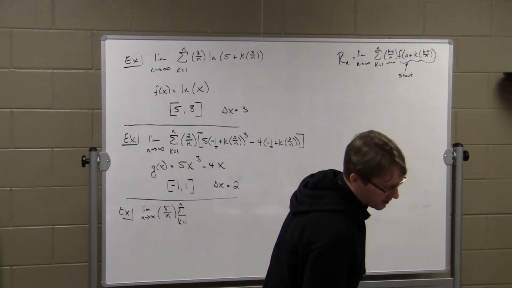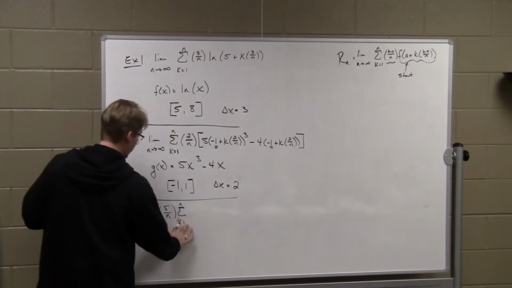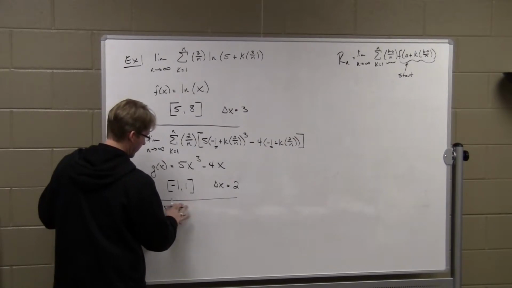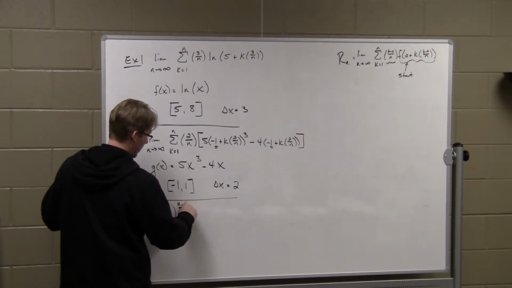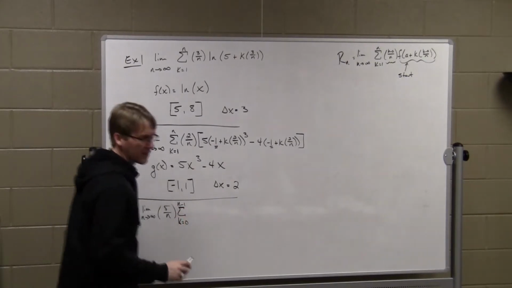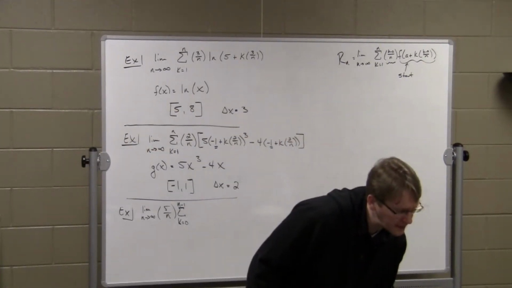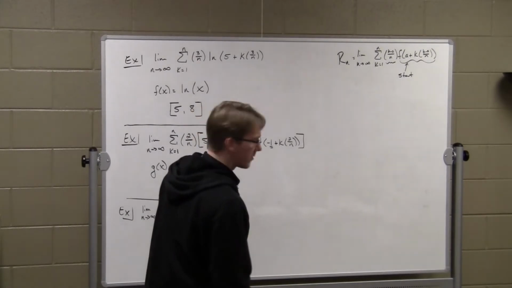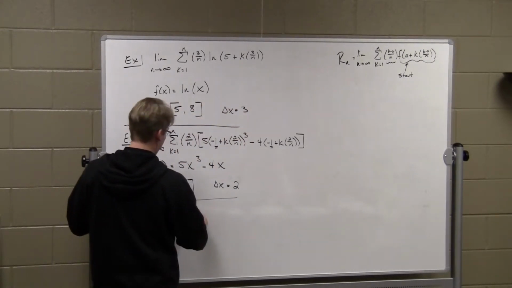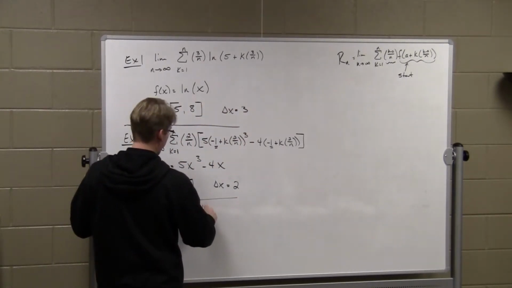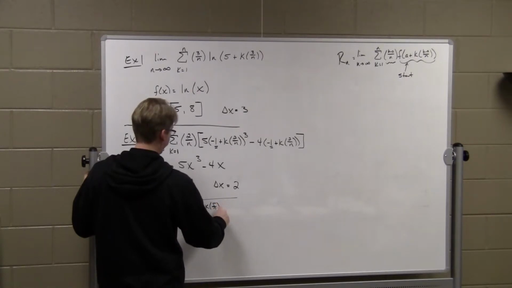Okay, they didn't do this, but that's cool, we'll talk about why it's the way it is. They did something special, you'll see what they did. e to the negative 2 plus 5k times 5 over n.